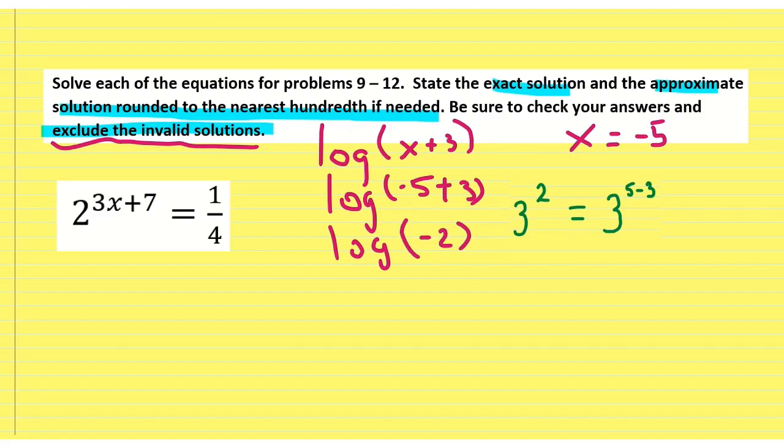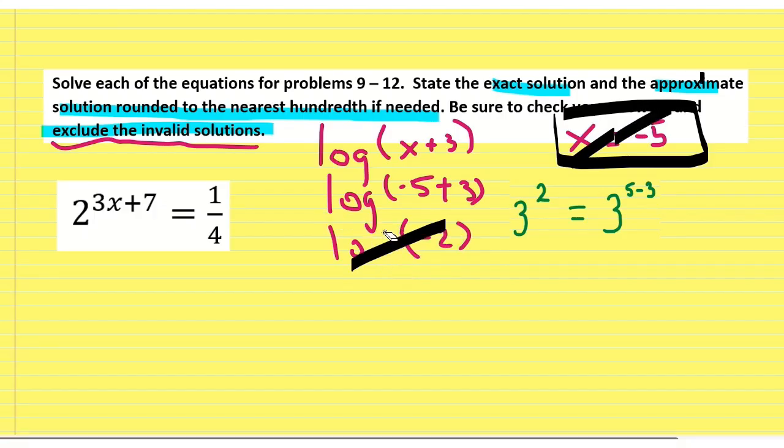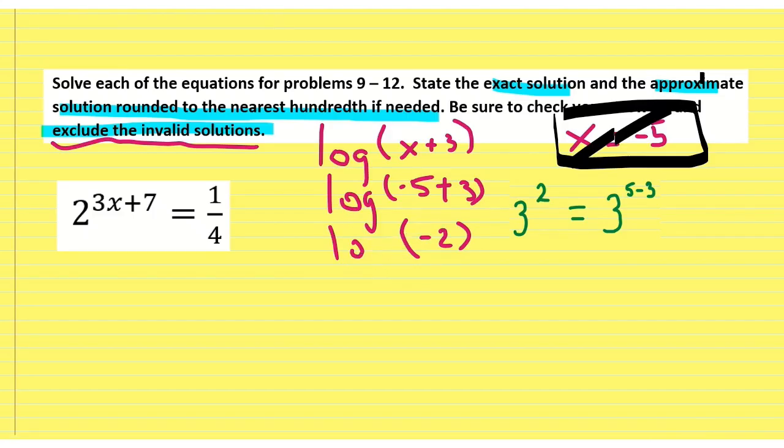Well, that is a big no-no. So we cannot have this answer. This answer would be rejected if it caused this to be the log of a negative number. So we would reject that. We need to keep that in the back of our mind because we may have to test solutions.